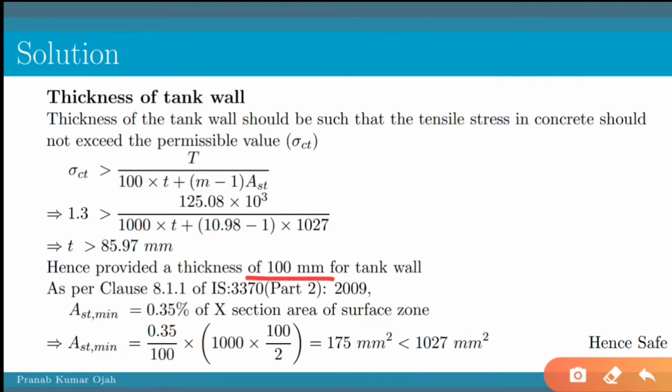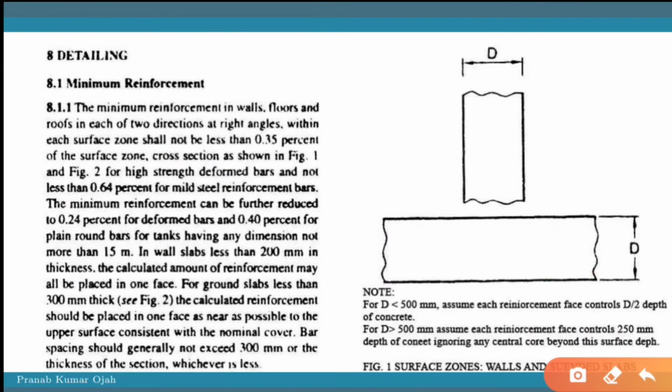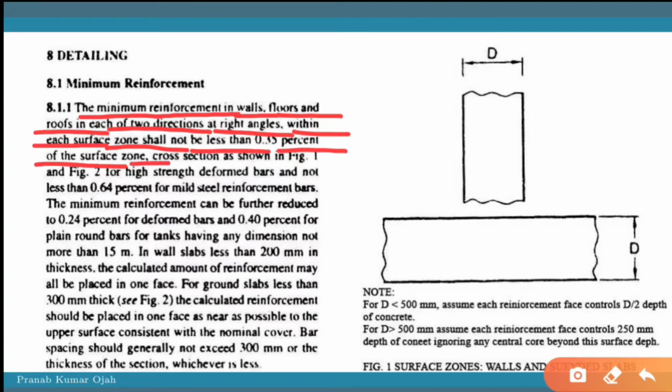Okay, so next, as per clause 8.1.1 of IS 3370 part 2 2009, the minimum reinforcement in walls, floors and roofs in each of two directions at right angles within each surface zone shall not be less than 0.35% of the surface zone cross section as shown in figure 1.